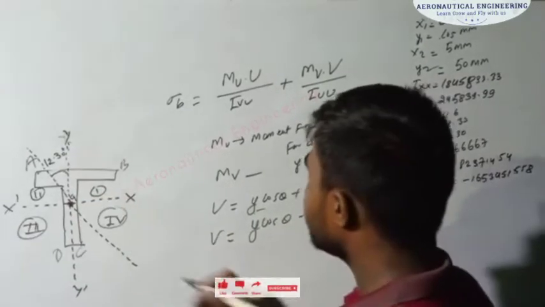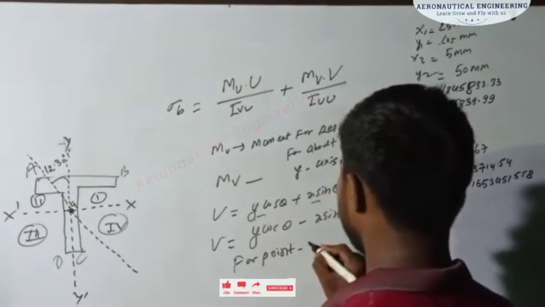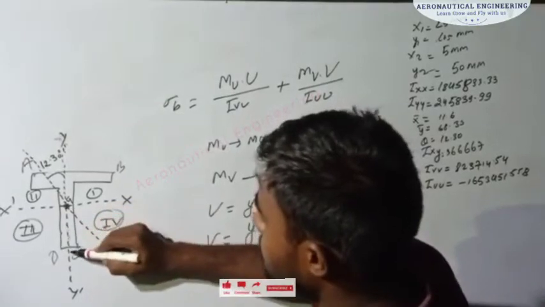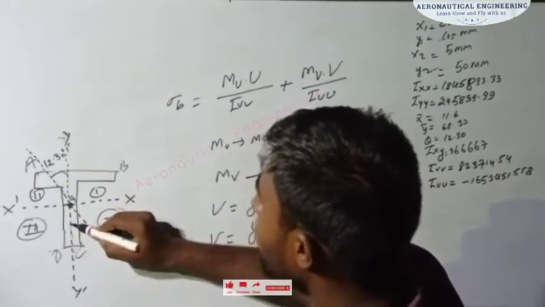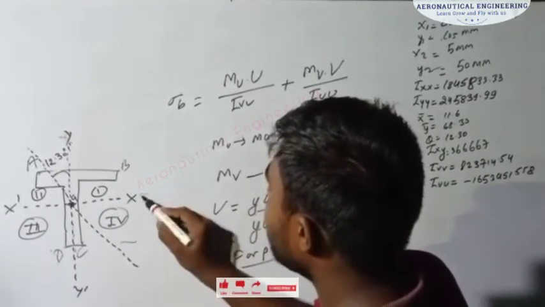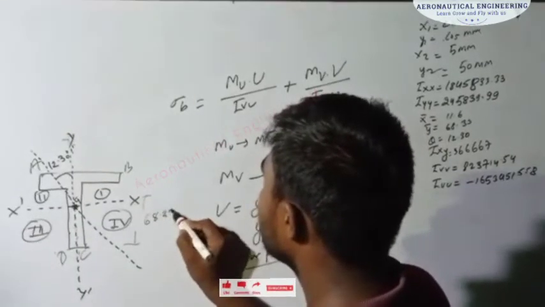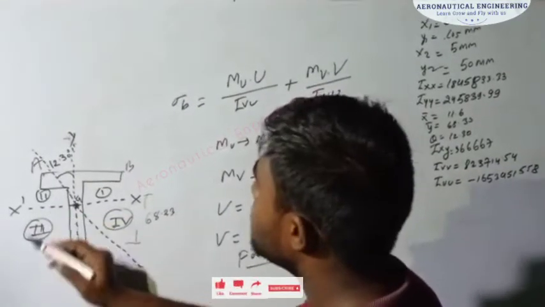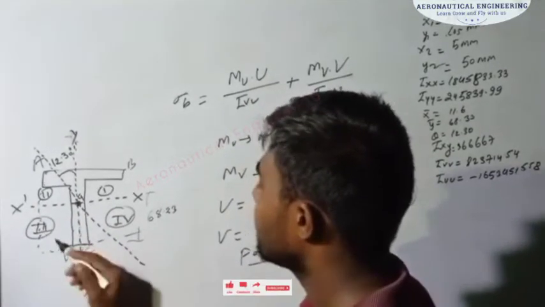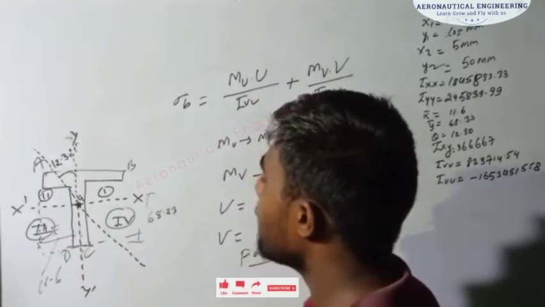So for the first point, point A, this denotes the x bar and this denotes the y bar. Previously we got the y bar value as 68.33 and the x bar value as 11.6. If this is the base, then this portion is x bar, which is 11.6.